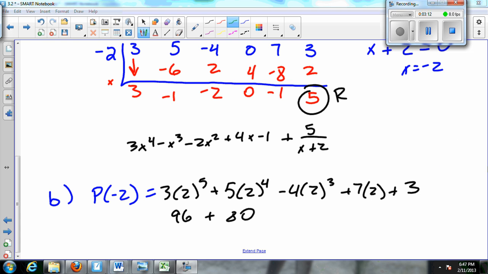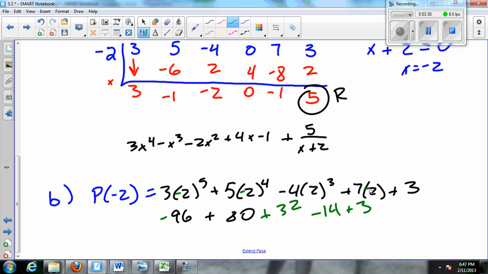Okay, I realized I was supposed to be plugging in -2, so that makes it -96. It'll still say a positive 80. It will go to a positive 32 minus 14 plus 3. So if we add all that up, we get 5.